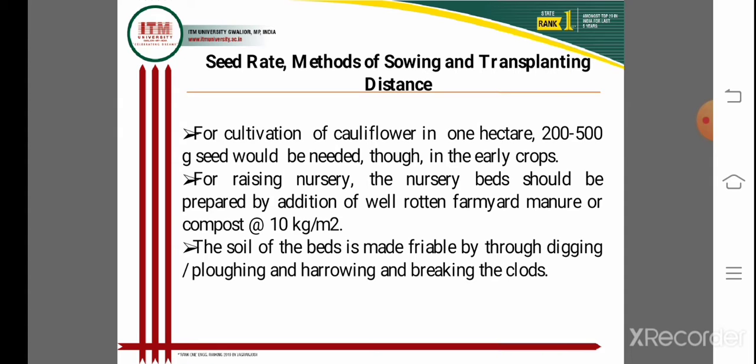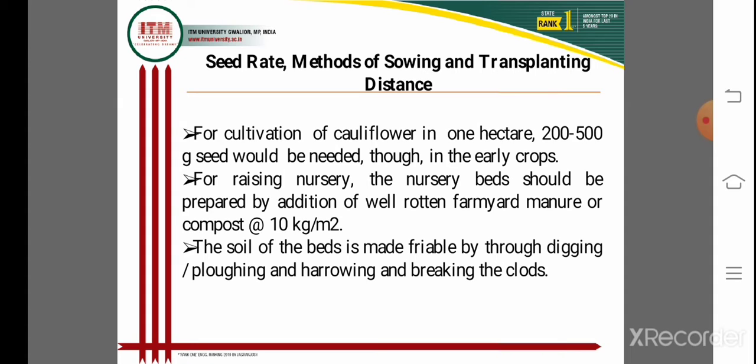It is also important for soil erosion and water availability in the soil. So the carbon percentage is very important, and it is used at the time of nursery raising.